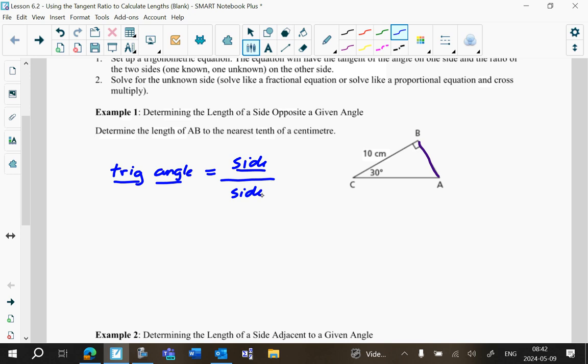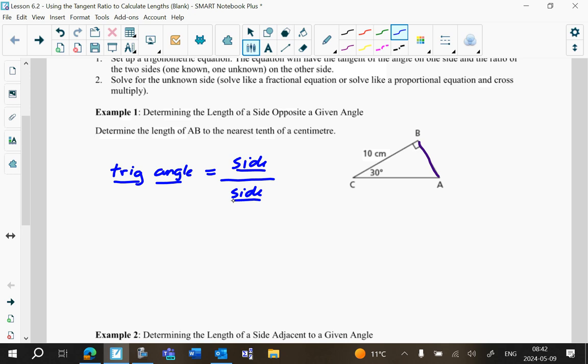That's how trig equations are always set up. You will know the trig to use, and then you will know two of these three. And then you just use equation solving to find the missing one.